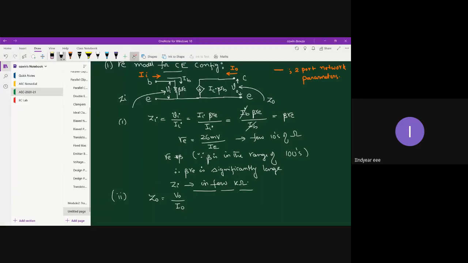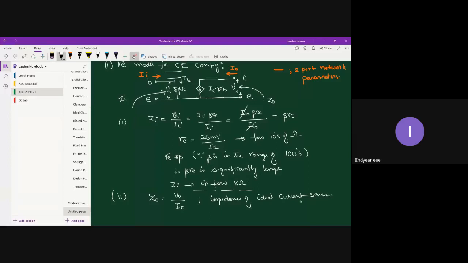Now, if you look at the output circuit, you are trying to measure the output impedance of an ideal current source.